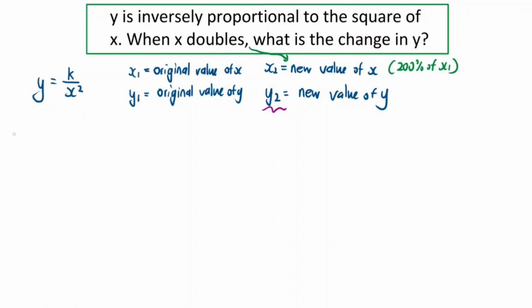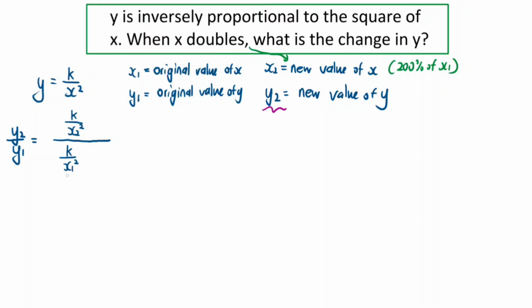So next, let me write down this expression y2 over y1. And this is equal to, for the numerator, k over x2 squared, and for the denominator, k over x1 squared.